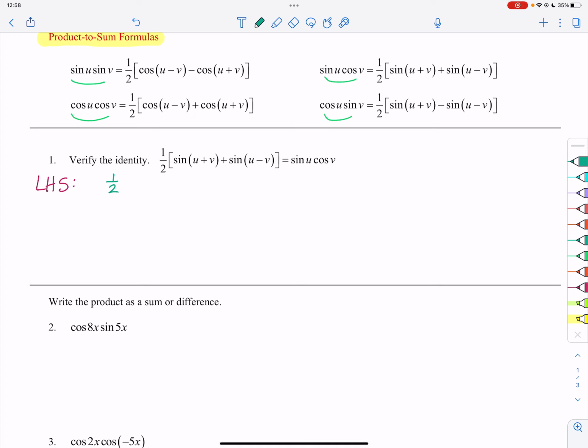We know that the sine of u plus v is the sine of u multiplied by the cosine of v plus the cosine of u multiplied by the sine of v.